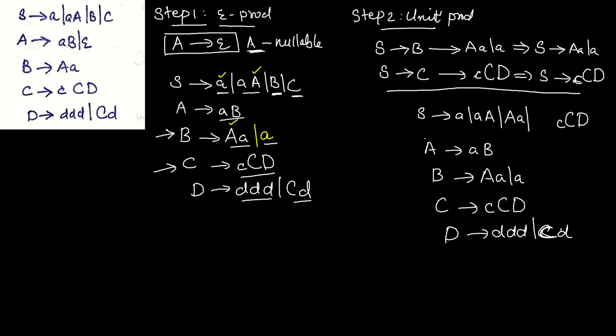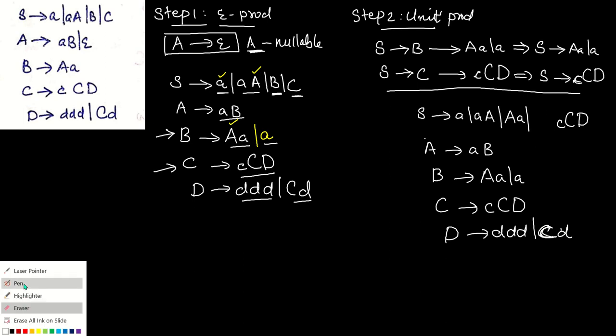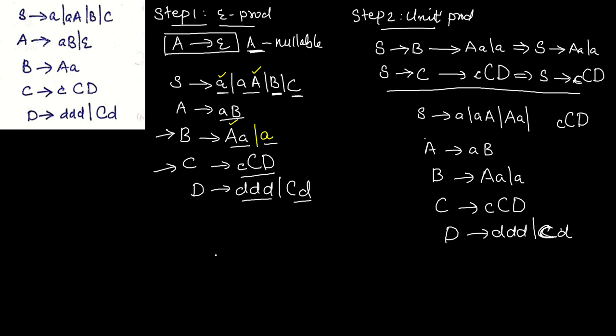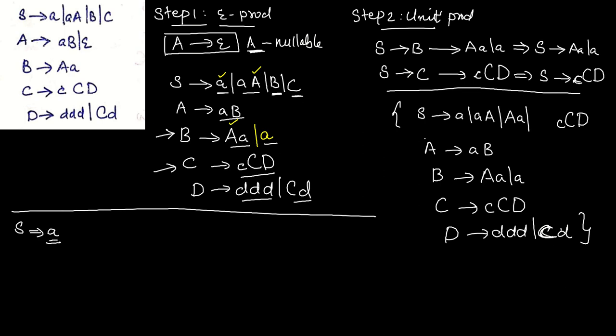Okay. Now, what is the third step? Now we have to remove the useless productions. So useless productions, how do we find them? To find the useless production, we have to check every production starting from S. So S gives A, that is already a string, so this is a useful production.